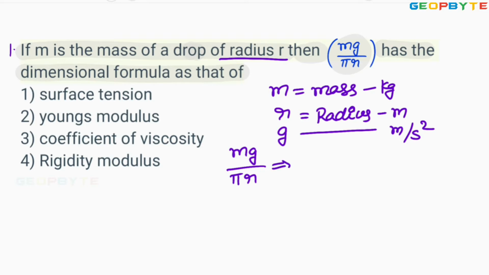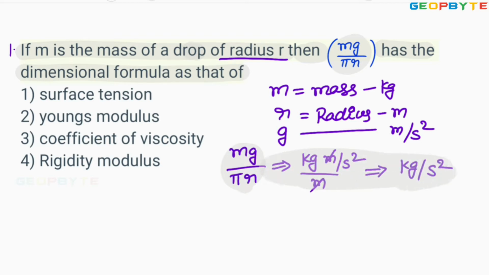Then in mg by pi r, m is in kg, g is in meter per second square, pi has no units, r is in meters. This meter cancelled. Finally it is in kg per second square.